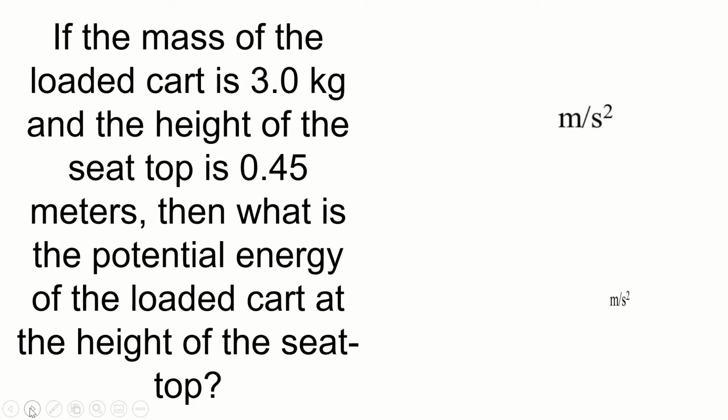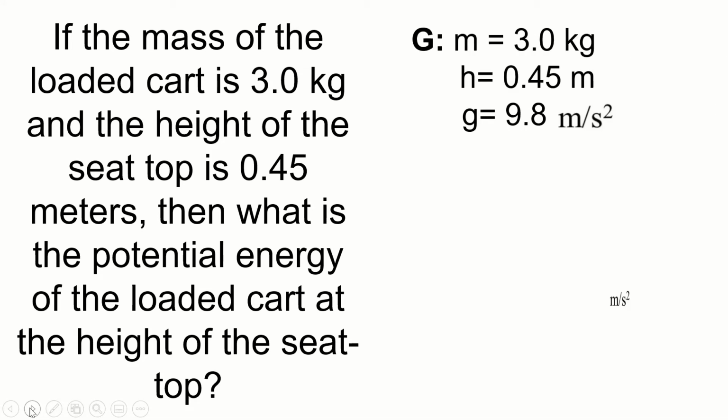If the mass of the loaded cart is 3.0 kg and the height of the seat top is 0.45 meters, then what is the potential energy of the loaded cart at the height of the seat top? Sa problem na to, ang given dito ay 3.0 kg which is the mass, height which is 0.45 meters, at meron tayong sinasabing acceleration due to gravity which is constant on Earth which is 9.8 meter per second squared.